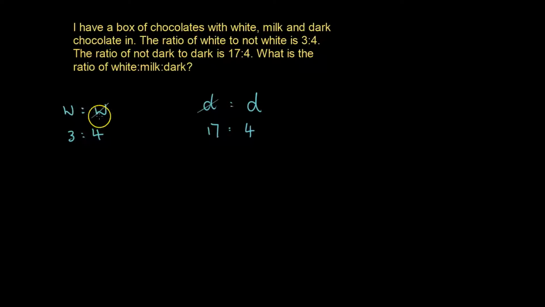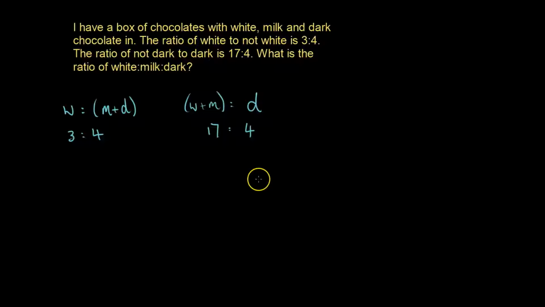So we can write not white as something else. We can write that as the sum of the milk chocolate plus dark chocolate. And over here we can rewrite not dark chocolate as the sum of the white chocolate plus the milk chocolate.